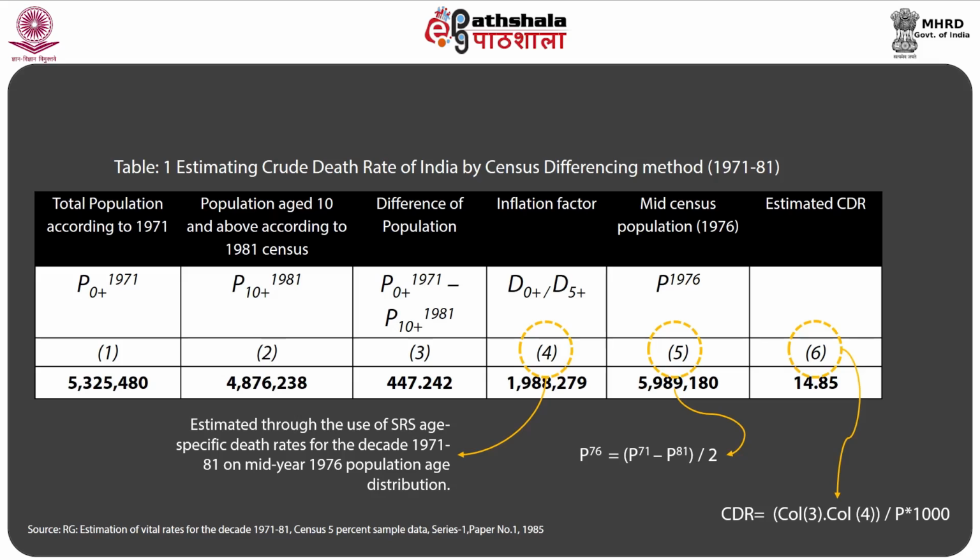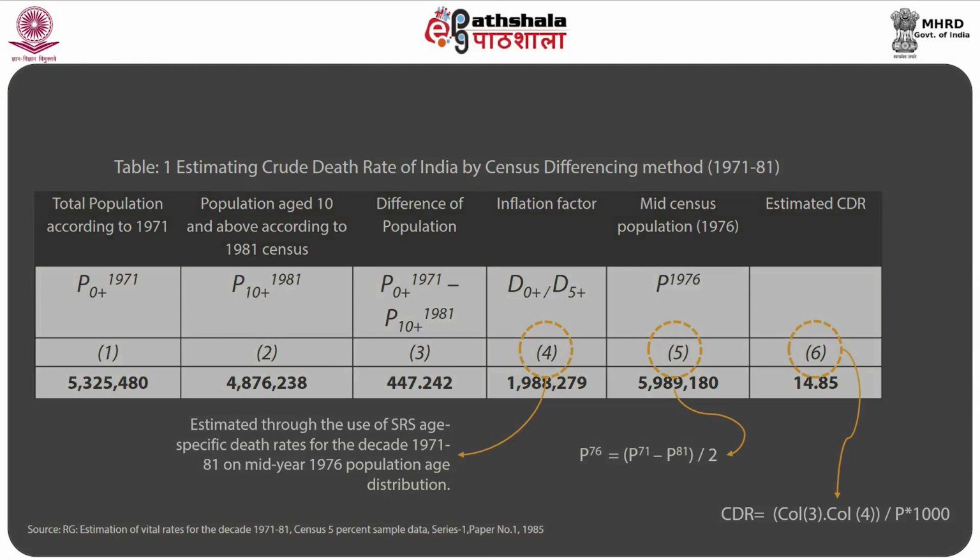Column 5, that is population 76, equals population 71 plus population 81 divided by 2. Column 6, crude death rate, equals column 3 multiplied by column 4 divided by population, multiplied by 1000. Source: Registrar General, estimation of vital rates for the decade 1971-81, census 5% sample data, series 1, paper number 1, 1985.